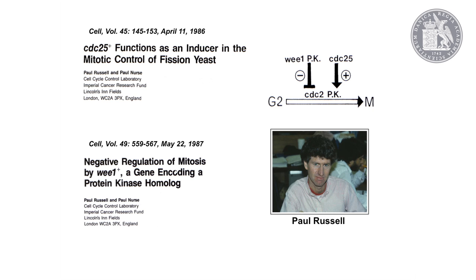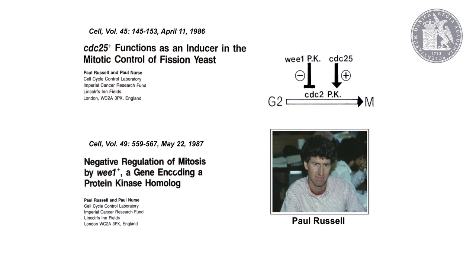So what we now postulated was that the way in which the CDC2 protein kinase is activated is in fact by WEE1 inhibiting CDC2 with phosphorylation and CDC25 taking that phosphate off.